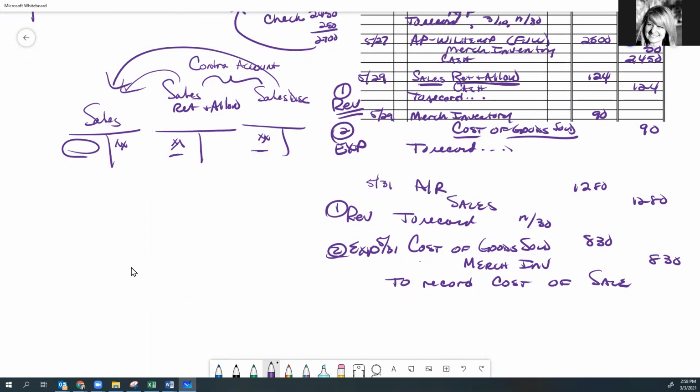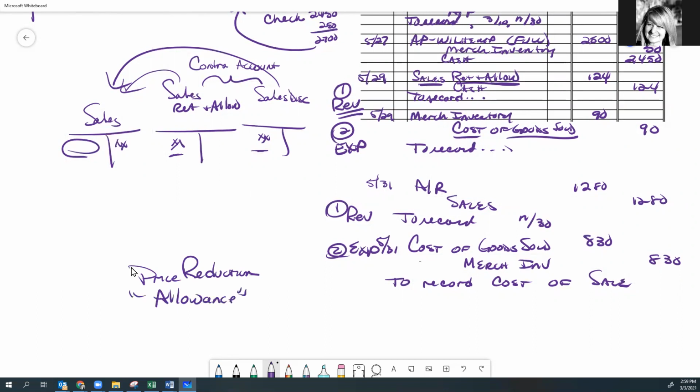Or maybe it could even be that it arrived slightly damaged, but it can still be sold. Maybe we sent the wrong color, but they still want to keep it and sell it. When we give a price reduction, we call that an allowance. That's the accounting language for it, an allowance.